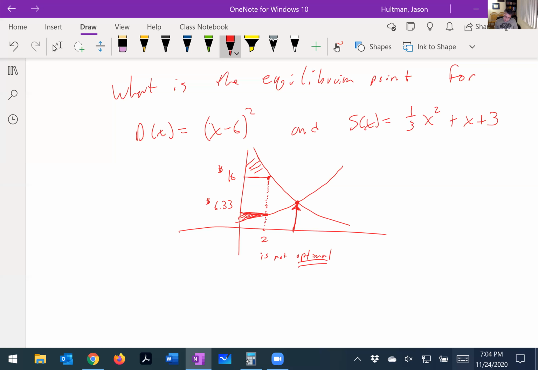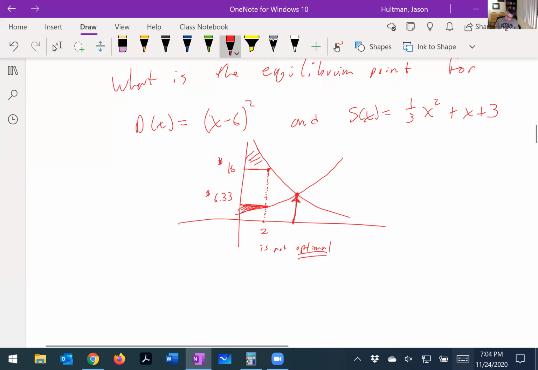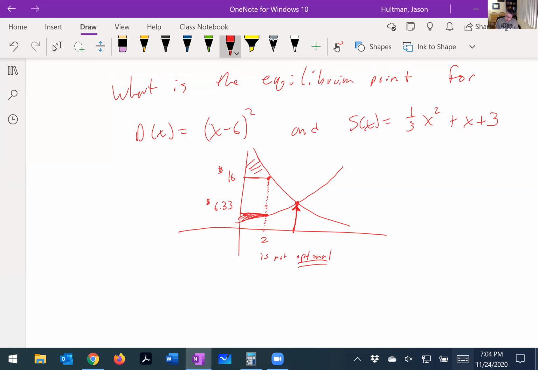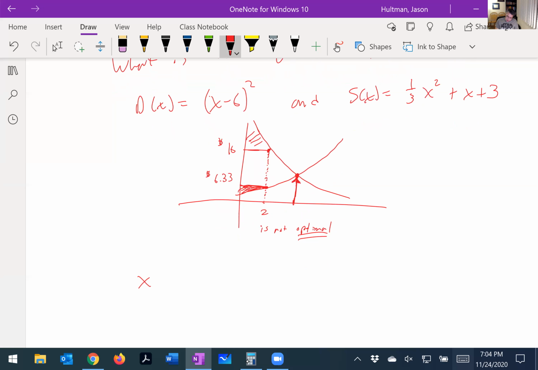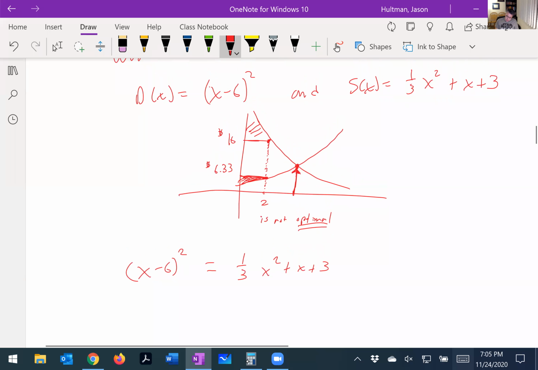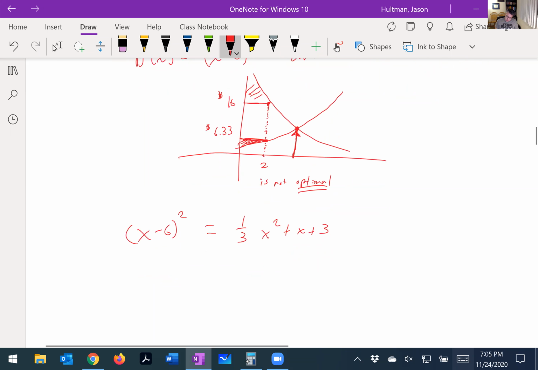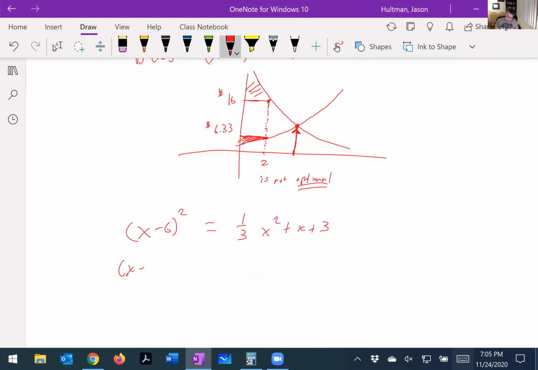Okay. So what we're going to do is set these equal to each other and solve. So I get x minus 6 squared is equal to 1/3 times x squared plus x plus 3. I'm going to FOIL this out on the left side. x minus 6 squared is equal to 1/3 x squared plus x plus 3.